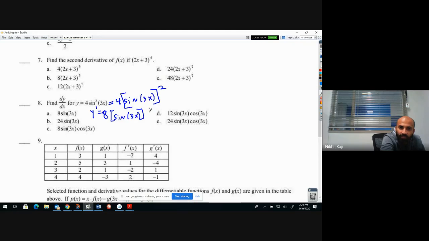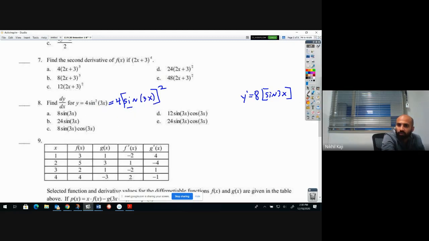Times the derivative of the inside, which ends up being cosine 3x. And then we have times this inside part, the derivative is just 3.